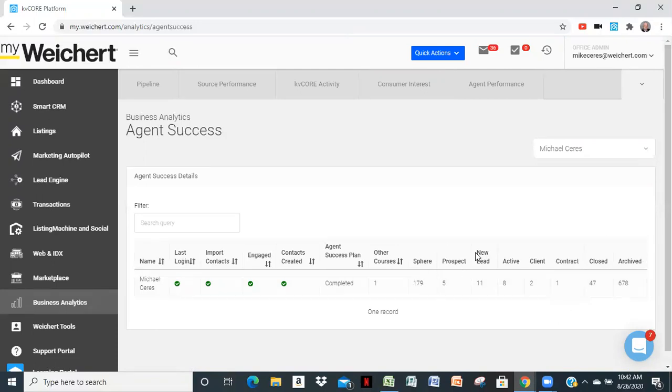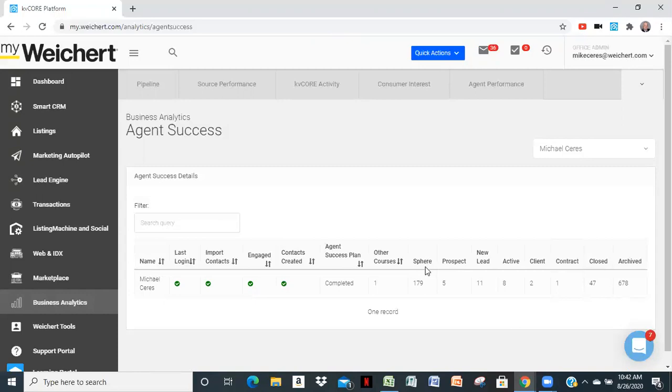So there are 8 potential statuses. You can see them right here, right? There's the sphere of influence, the prospect, the new lead, the active lead, the client lead, contract lead, closed lead, and the archived lead. Those are the 8 possible ways that you can status a contact in your CRM. And depending upon how you do that, the system will treat it a certain way. So you want to make sure that they're properly statused so that the system will treat them the way you want them to be treated, okay?